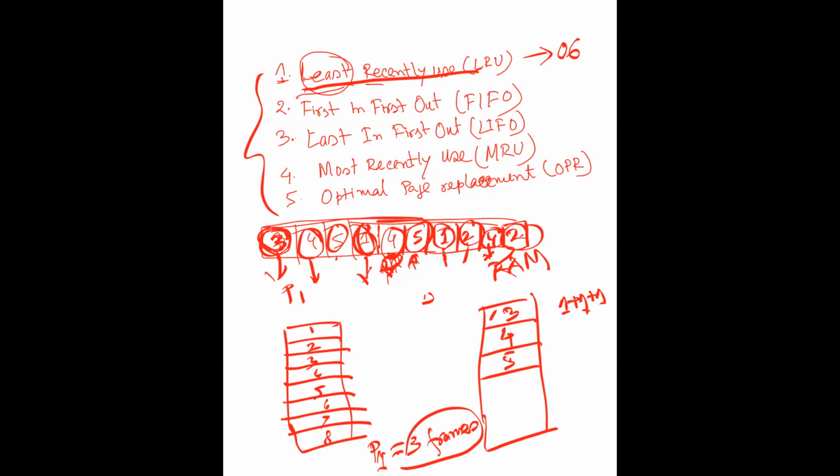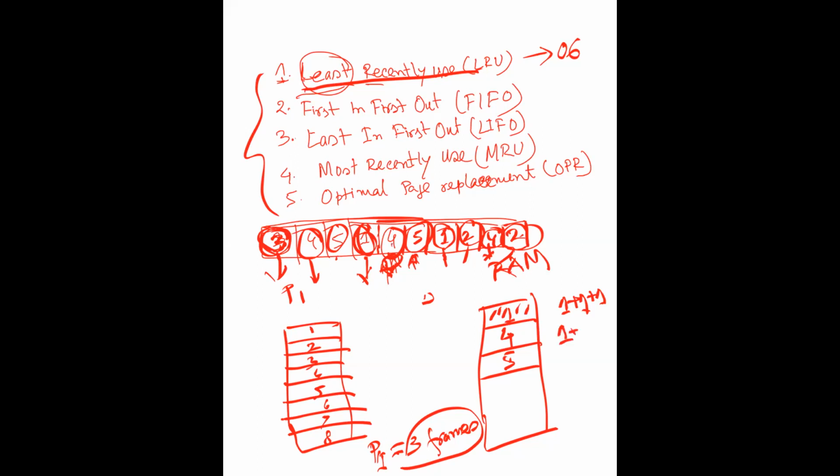It's very easy to detect: page number 3 came first inside the RAM. So we'll replace page 3 with page 1. Now page 3 is gone and page 1 is available. There is also 1 page fault as it replaces.